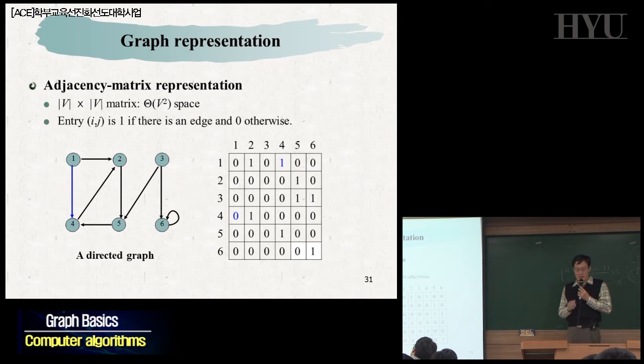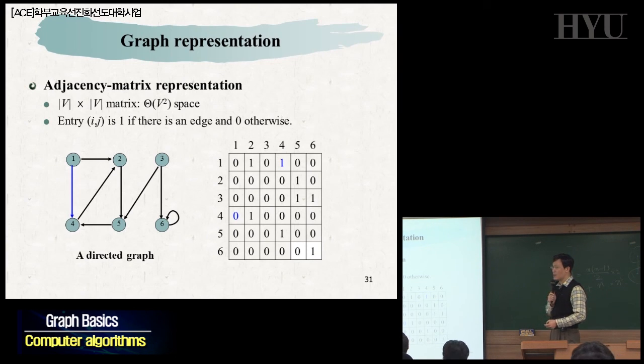Okay, then let's think of another representation, adjacency matrix representation. In this case, we initialize a V by V matrix. Because there are 6 vertices, we create a 6 by 6 matrix. And each entry is 1 or 0.